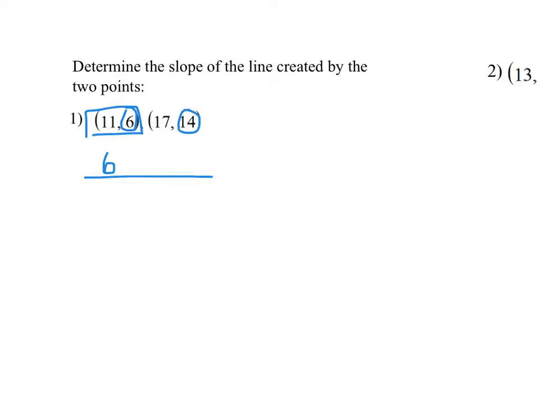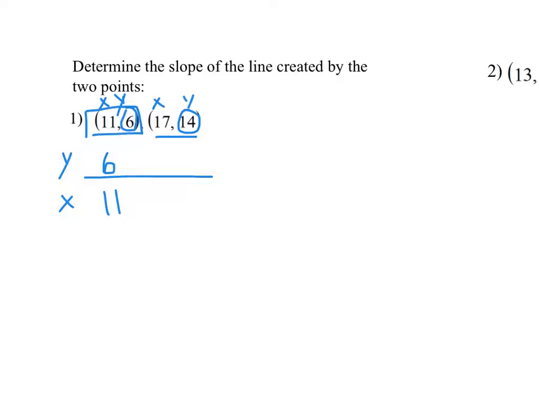So we're going to write the y on top and the 11 on the bottom. So this is considered our first point or our second point. It doesn't really matter what you call the points, y1 or y2. So the 6 goes on top and 11 on the bottom. As long as you remember the y is on top and the x is on the bottom, you'll get this right. And that's really the spot where most of us have issues.